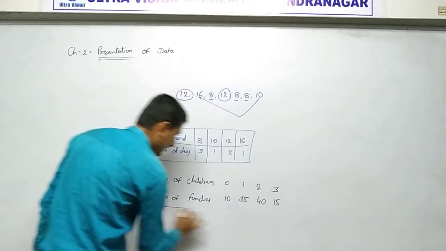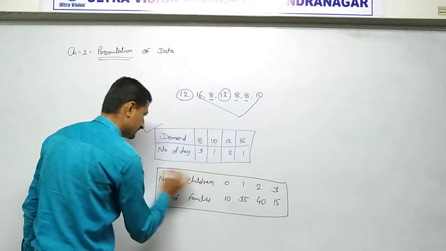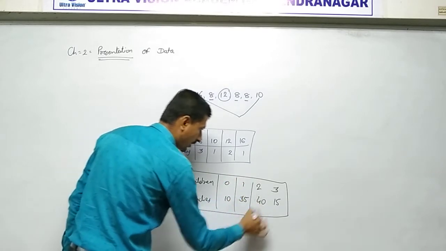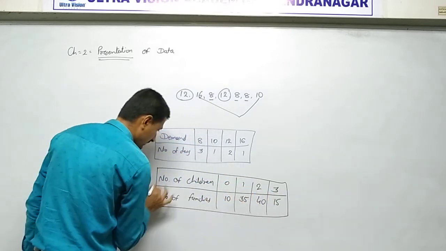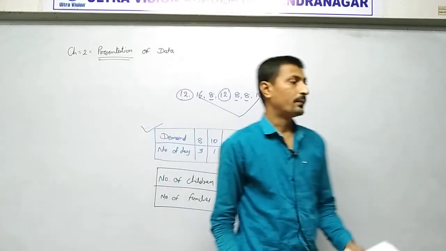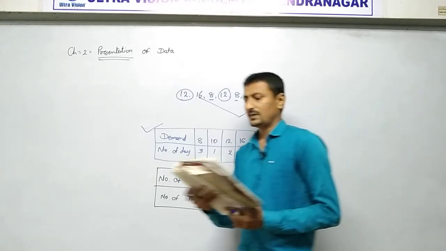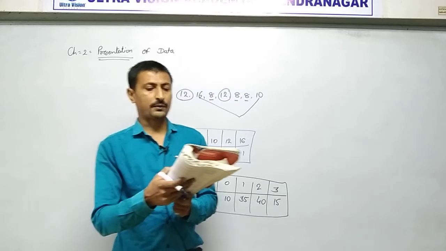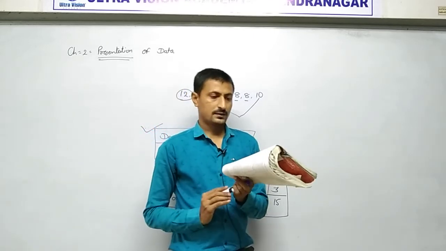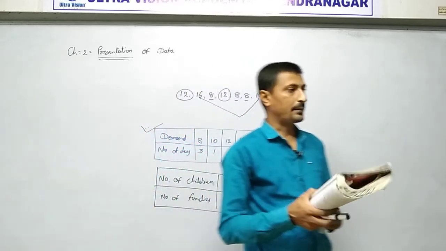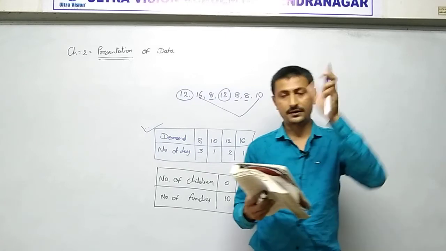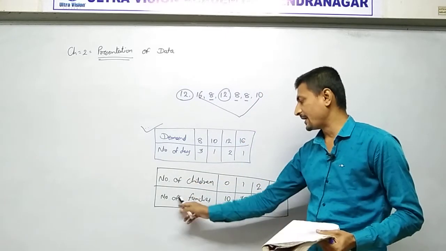So this type of data is given, and it is called qualitative data. This is called classification, and it can be represented as under, with number of children and number of families.